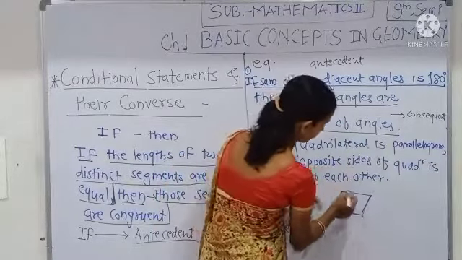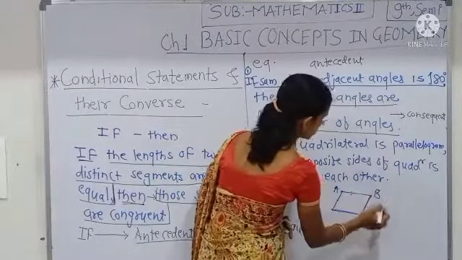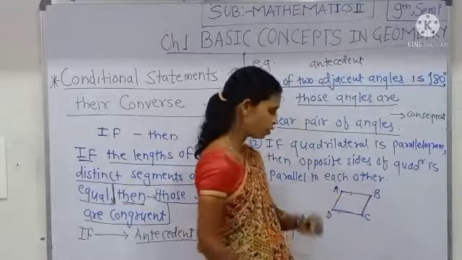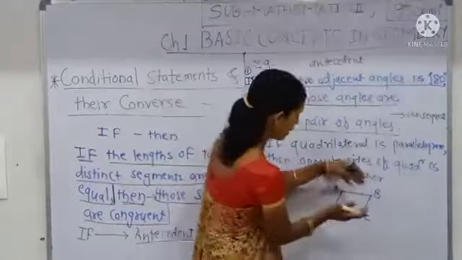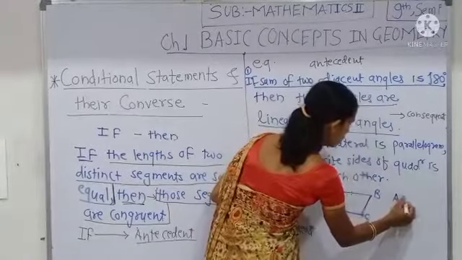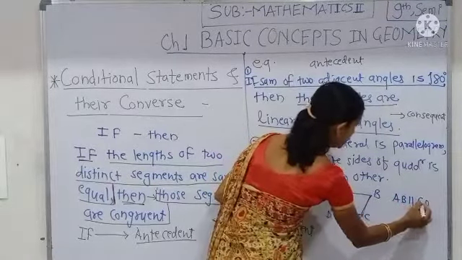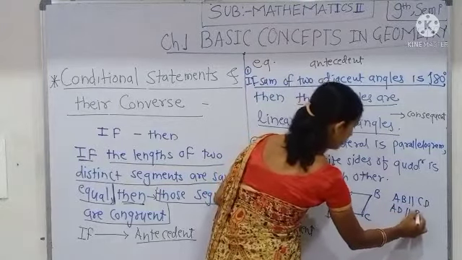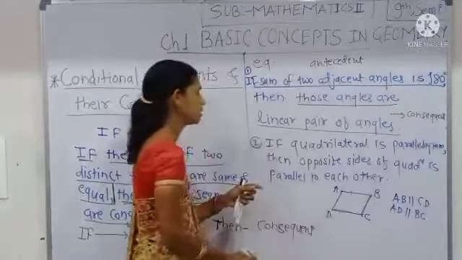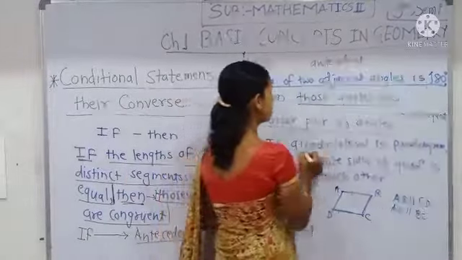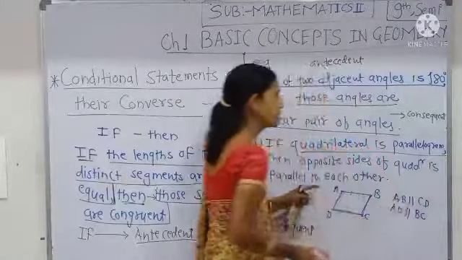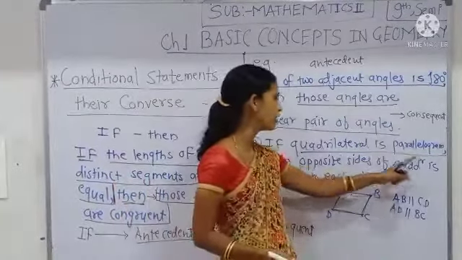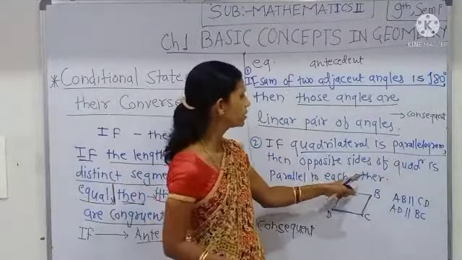That means, if ABCD is a parallelogram, then AB is parallel to CD and AD is parallel to BC. Here, the quadrilateral is a parallelogram is the antecedent, and opposite sides of the quadrilateral are parallel to each other is the consequent.